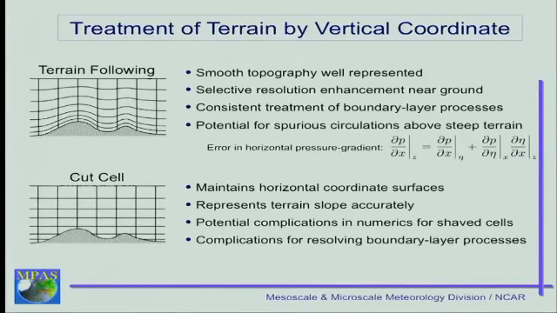I think in most of the models that have been discussed over the last few weeks, the main things being used are either terrain following coordinates, where the coordinate surfaces follow the terrain, and then that influence of the terrain on the coordinate surfaces decreases with height until you get to the top of the domain.